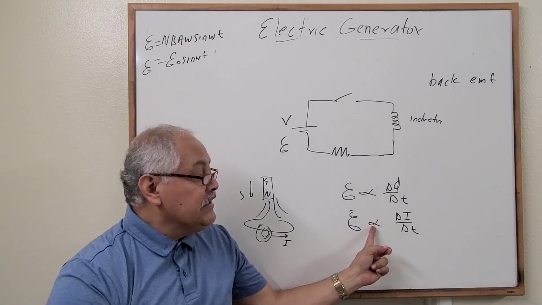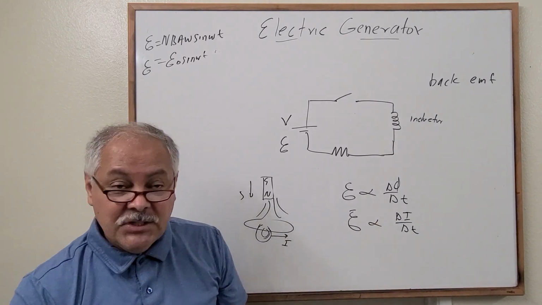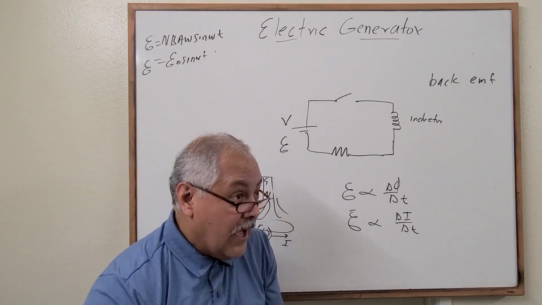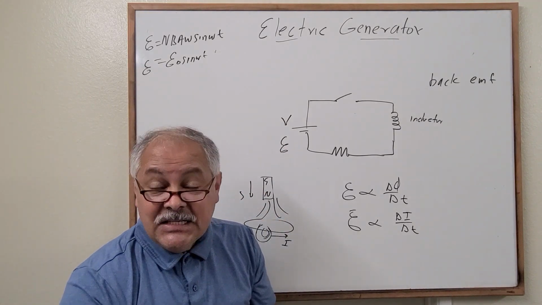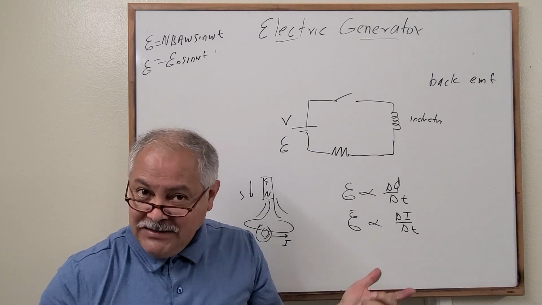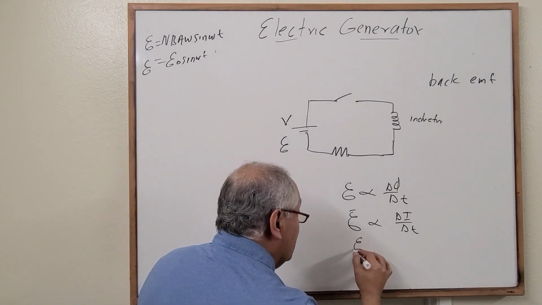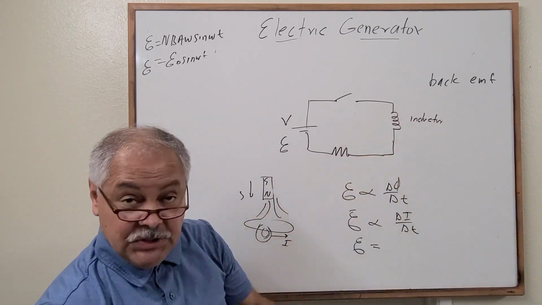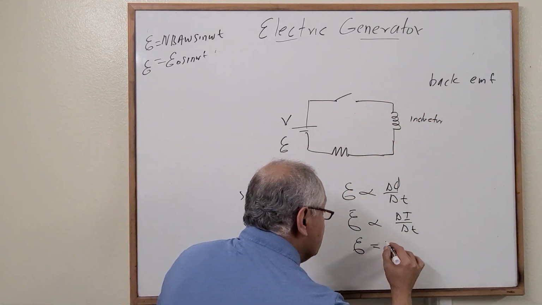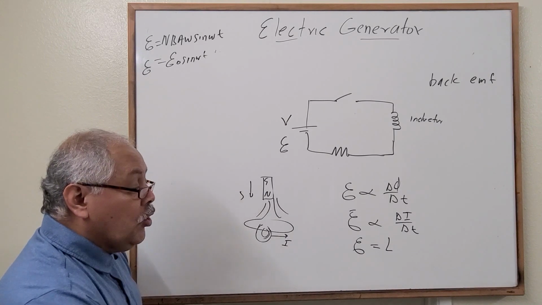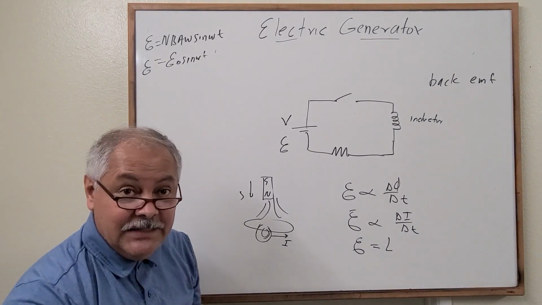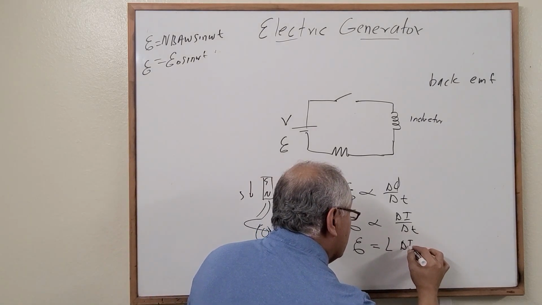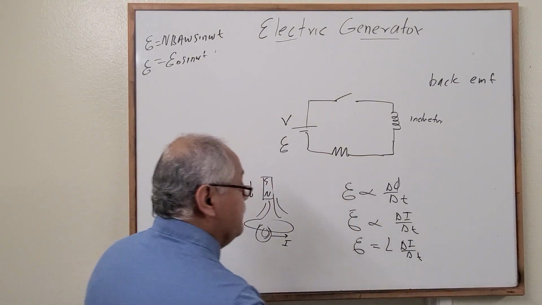How do we eliminate this proportionality symbol? Using a constant. That constant is called the self-inductance, or just inductance. The back EMF produced because of this situation is equal to this constant, the inductance or self-inductance, times the change in the current with respect to time.